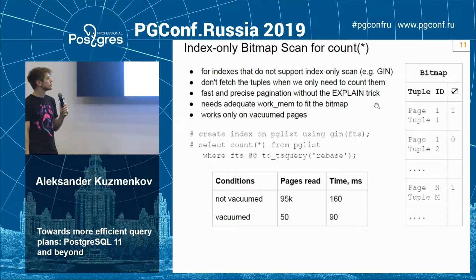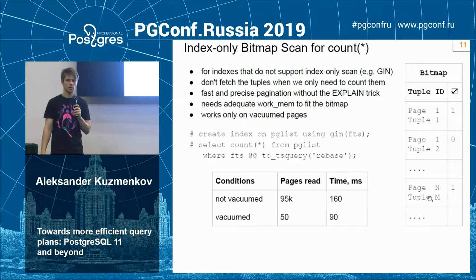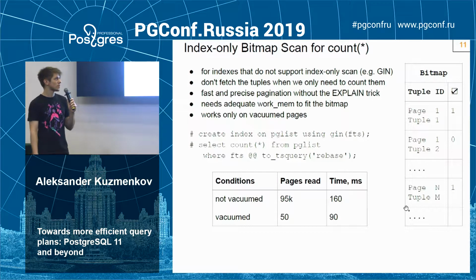There is yet another important thing, the structure of the bitmap. It may be large, and if your working memory is not large enough, because by default this size is quite small, then it switches to the lossy format.